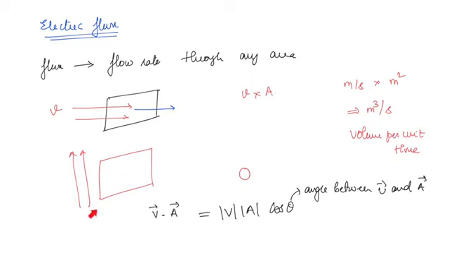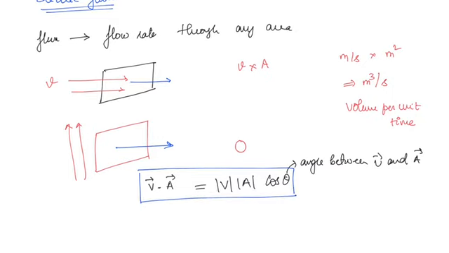In the second case, the normal is perpendicular to the plane, so it is perpendicular to the direction of the air also. So we got 0, because when you substitute theta equal to 90 degrees here, you get the dot product as 0. That is how the flux is defined in general.